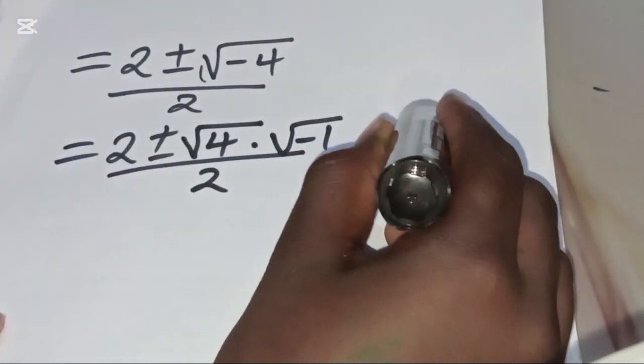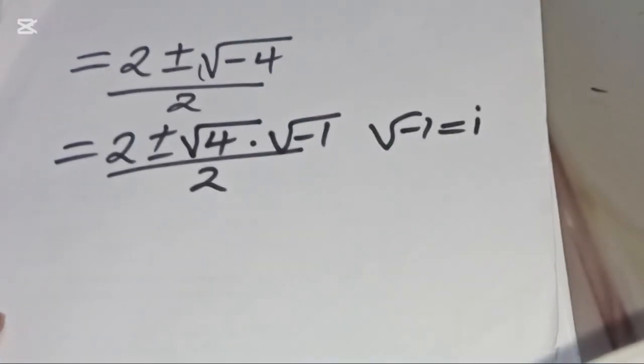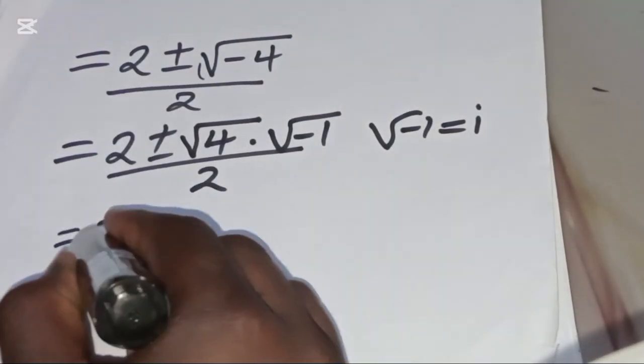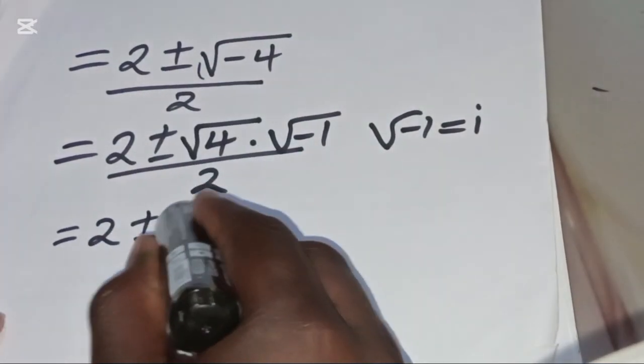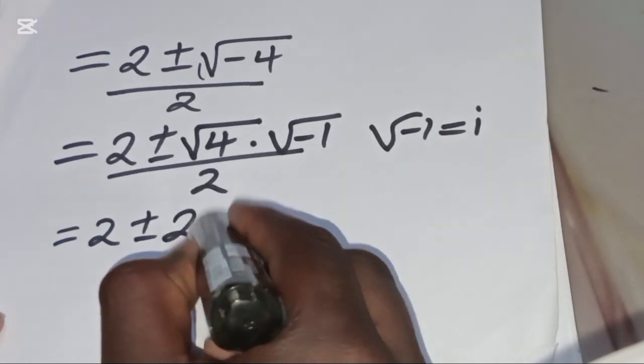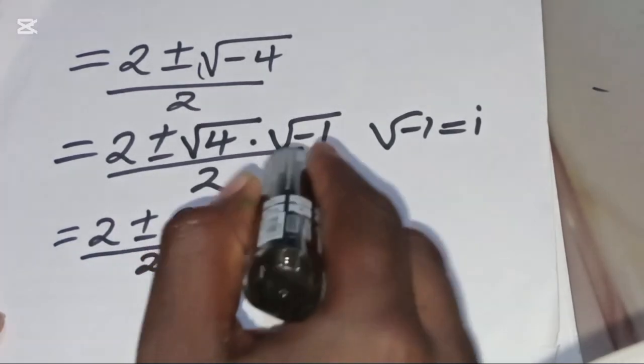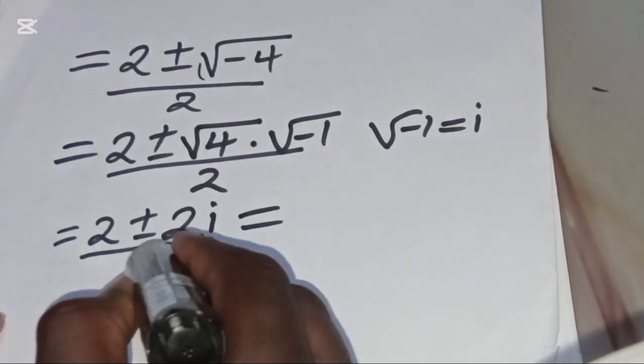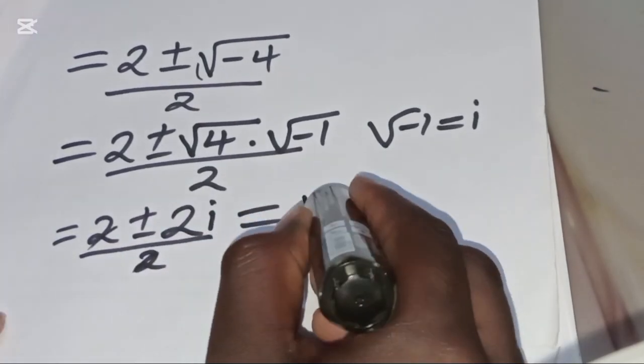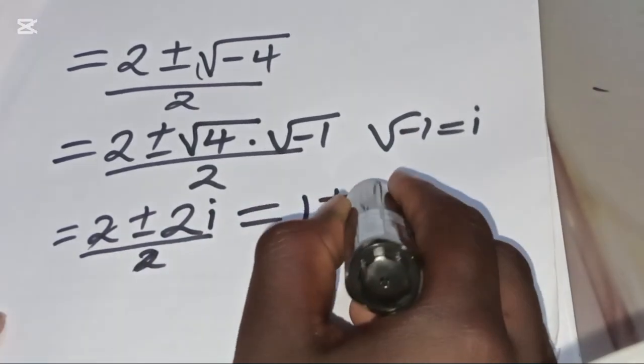And square root of -1, this is basically equal to i. So this is equal to 2 plus or minus the square root of 4. This is 2 multiplied by i divided by 2. So if we simplify here, we'll have 1 plus or minus i.